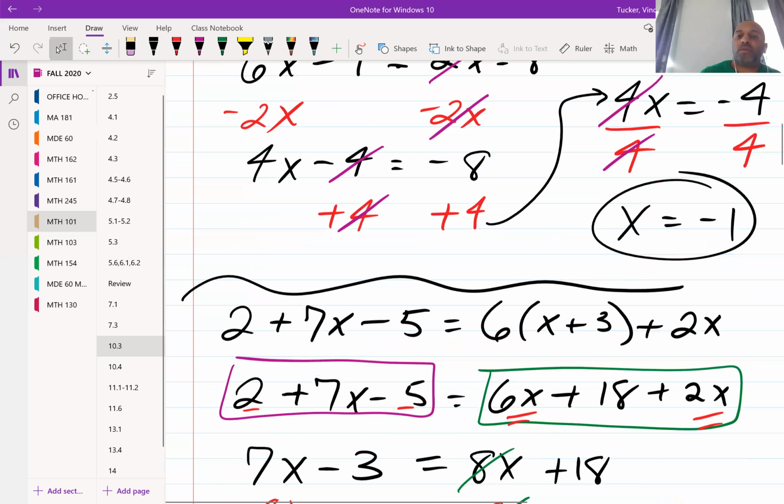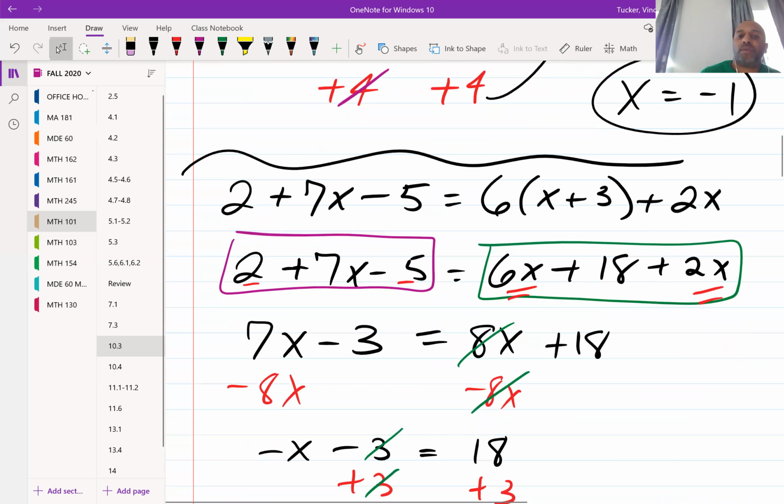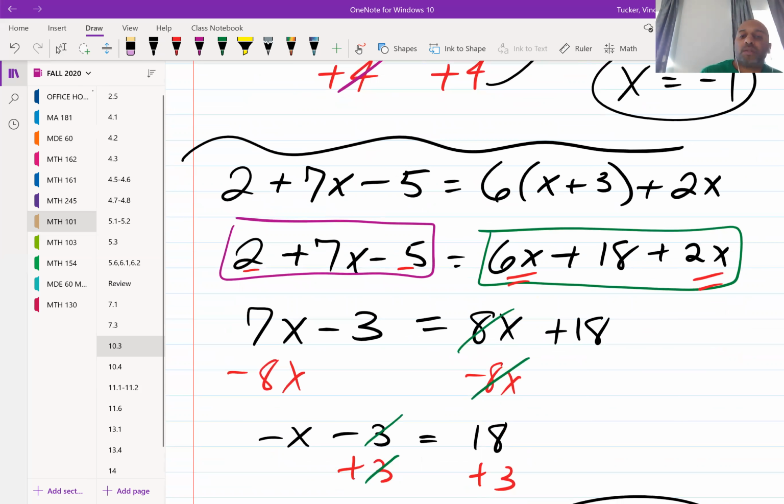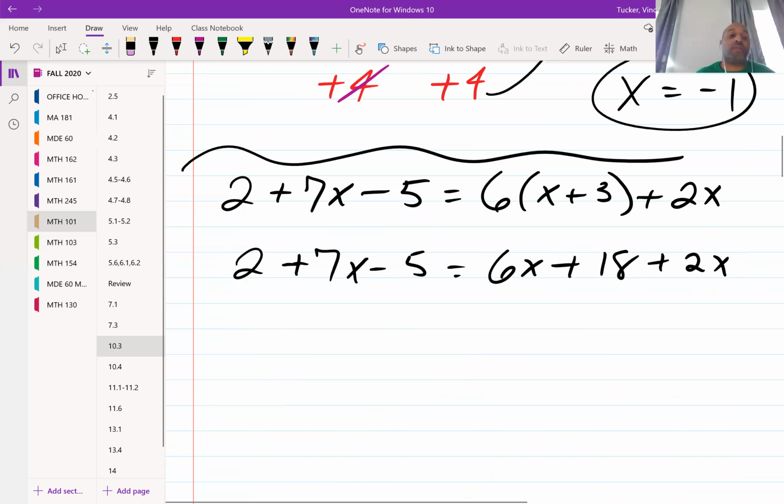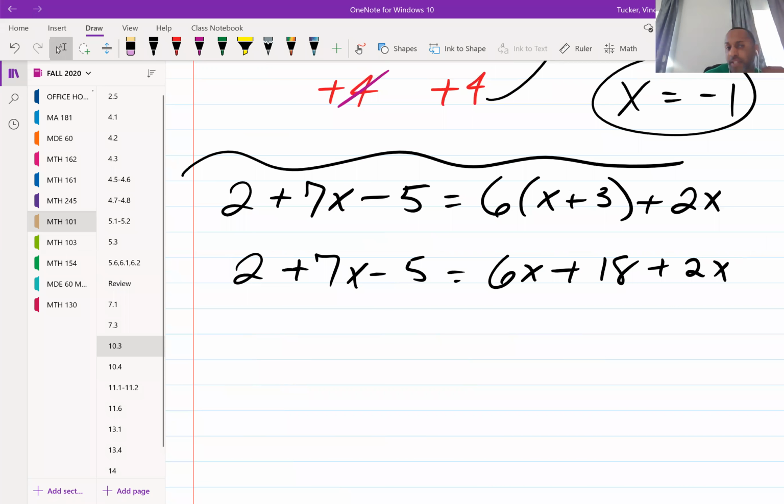All right, scrolling up. Okay, good. So let me once again erase some of this stuff. And I'll just erase all this. All right, so we have 2 plus 7x minus 5 equal to 6 times the quantity of x plus 3 plus 2x.